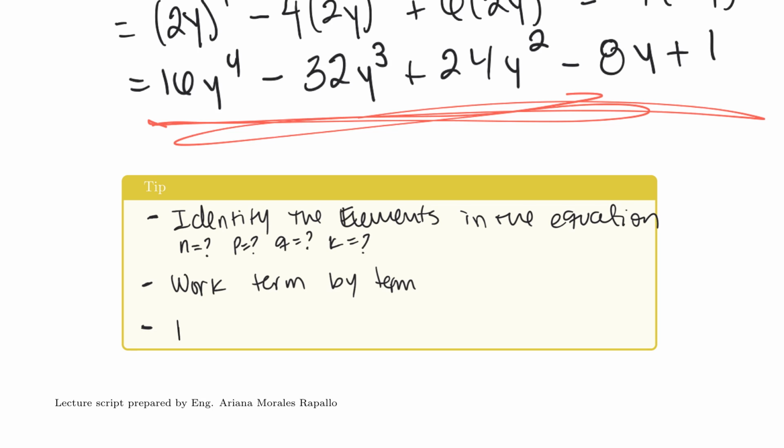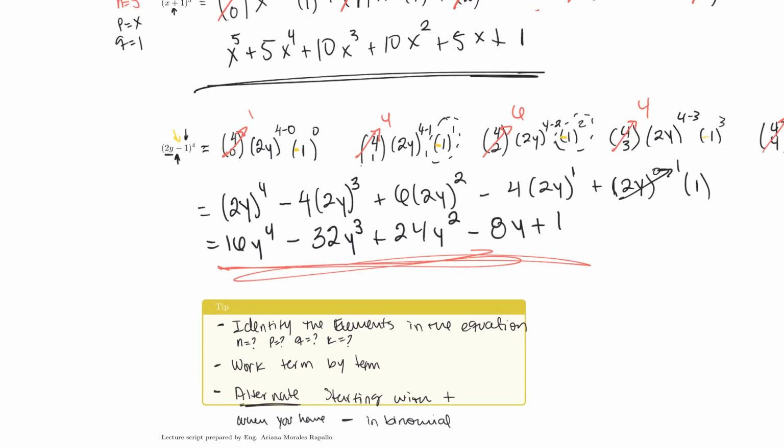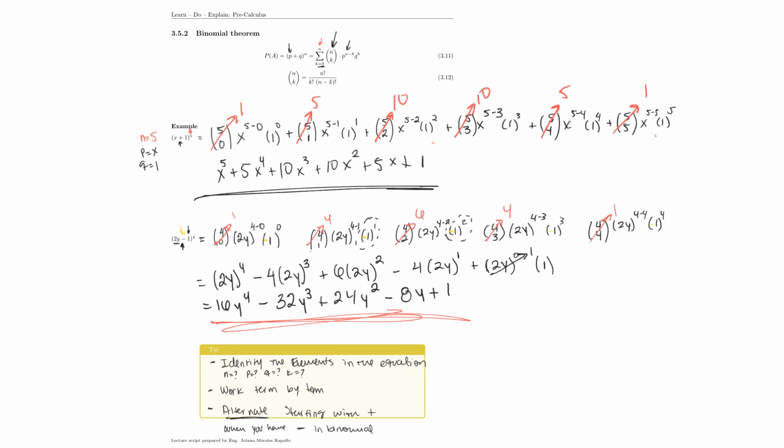And finally, when you have a negative sign, alternate the sign, starting with plus. This only applies when you have a minus in your binomial. Okay, so these are a few tips that you can apply to use the binomial theorem and to expand your binomial.